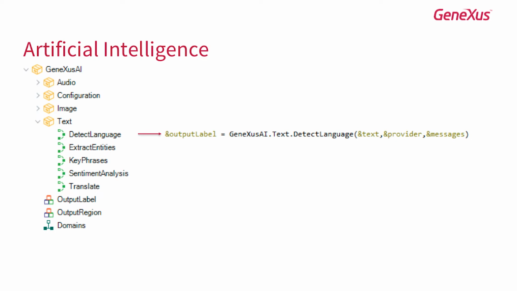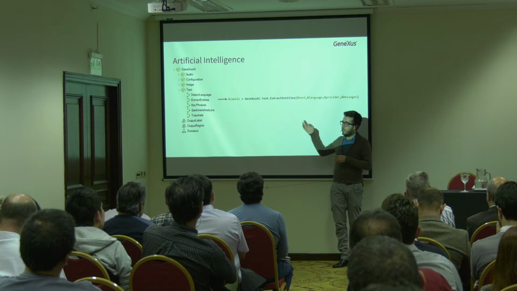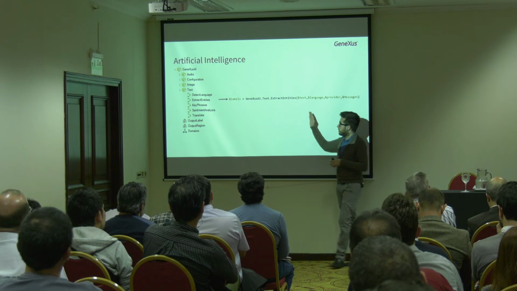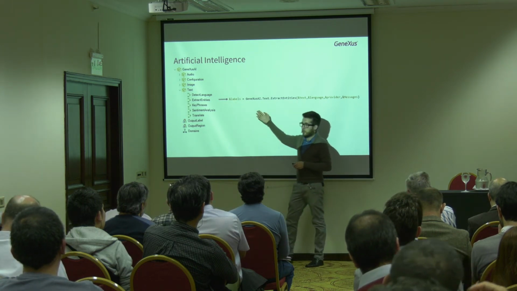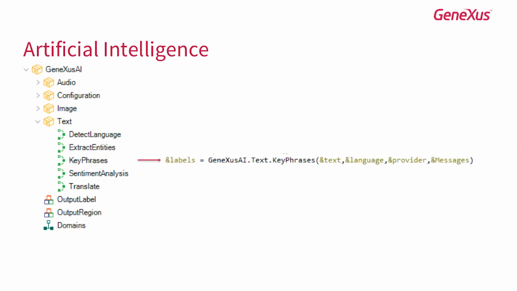So we are here, detect languages, detect entity. It tells us which entities appear in this text. For example, the name of a person, organization, country, things that we can bring to this text, and it gives us a sequence of labels. Then key phrases and even keywords.